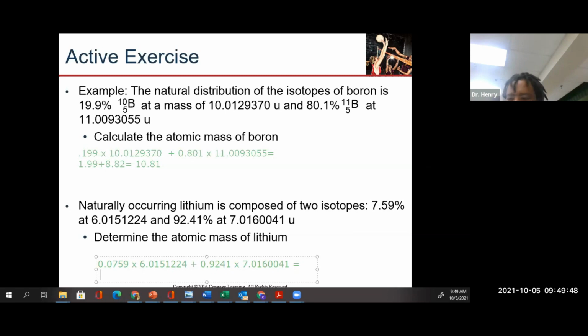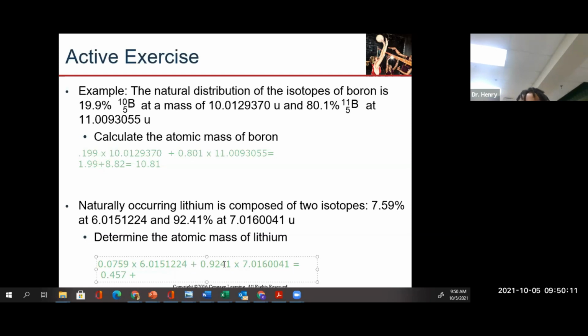So this one is 0.457, plus, how many sig figs do we have here? 4, that's right.